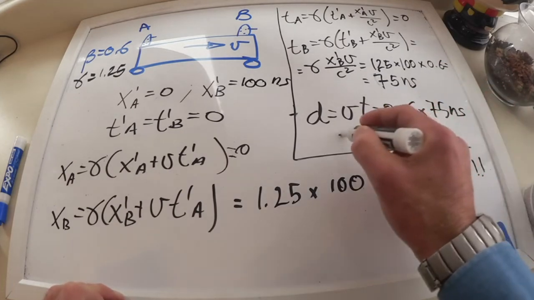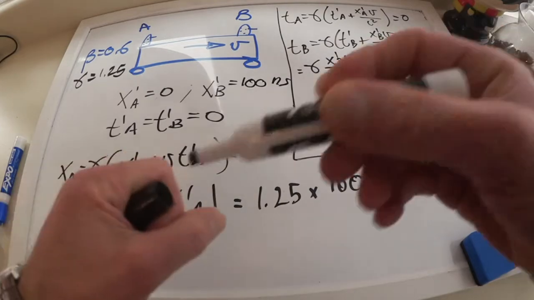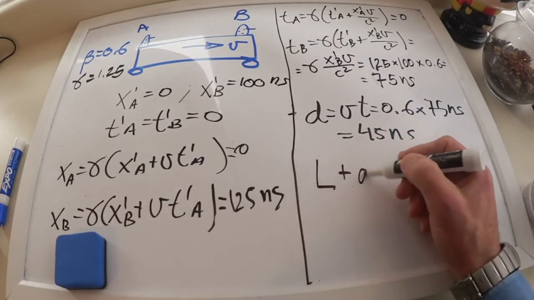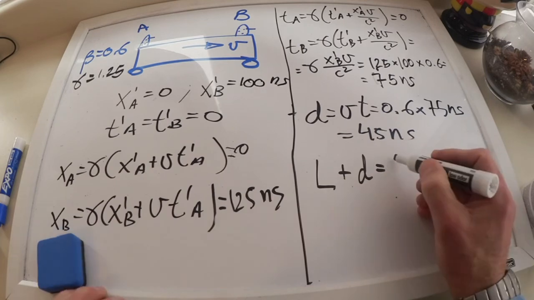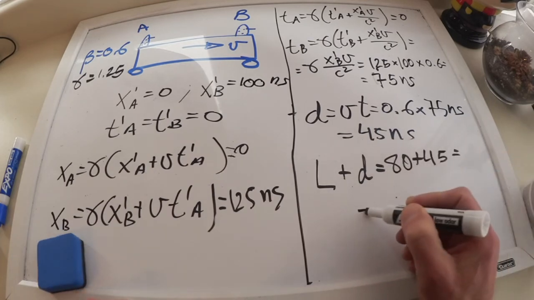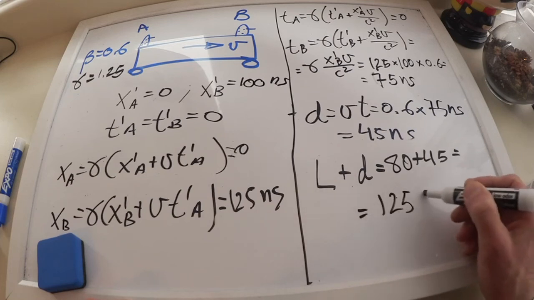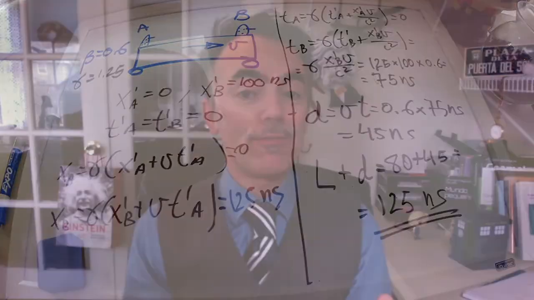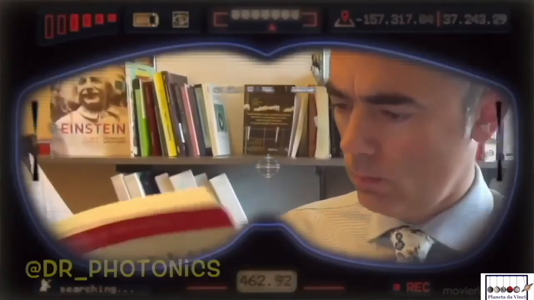That is a distance of 45 nanoseconds. So the distance between both holes is the contracted distance between both Daleks, 80, plus the distance traveled by the train between shots, which is 45. 80 plus 45 is 125. Oh, yes.